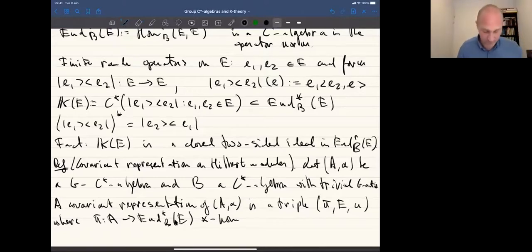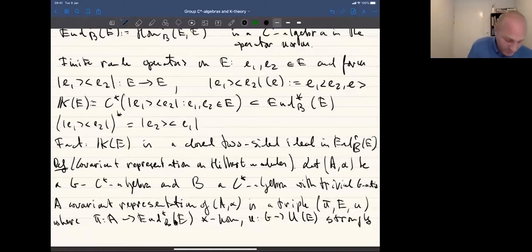Should have probably switched page first. And U from G to now the unitary group of E. So E, like a Hilbert space, admits unitary operators. And you can use the same notion of strongly continuous representation, namely taking an element of E and then using that the map g goes to U_g of e is continuous.